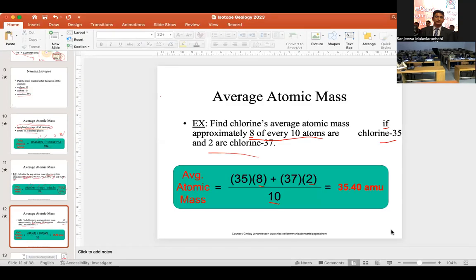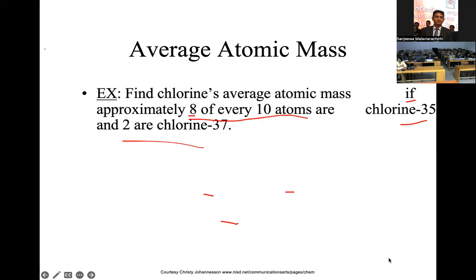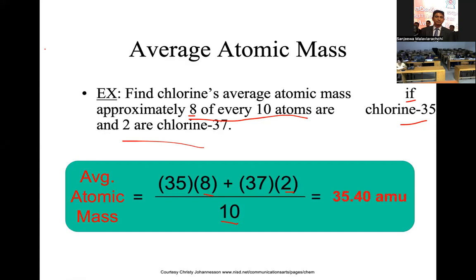Did you find the number? So this is the number that you are getting, right? 35.4. That is the average atomic mass of chlorine.